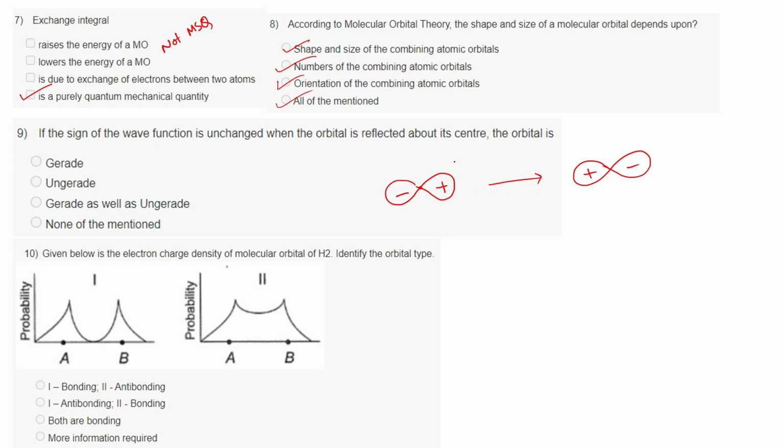So what do you think? Gerade or ungerade or both? I think gerade. Gerade is the correct answer. Gerade means it has a center of symmetry, right? Yes, it is a German word which means there is some center of symmetry.